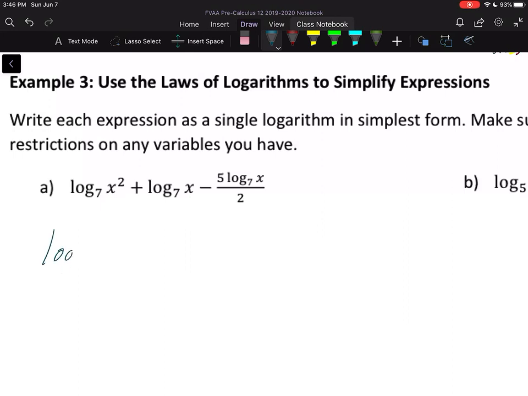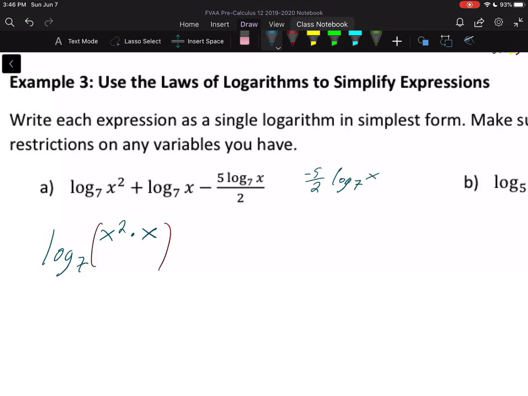So I have log to the 7, and then this is x squared plus x, which is times x in my, this is all in the log bracket, right? And then don't see this as 5 log 7x over 2. See this as negative 5 over 2 log 7x.